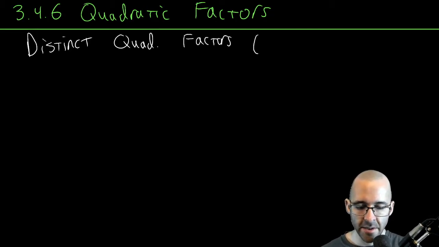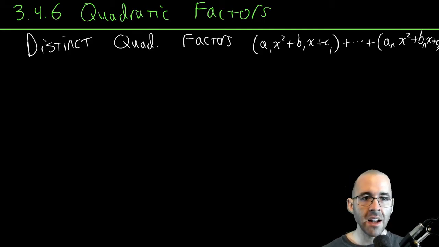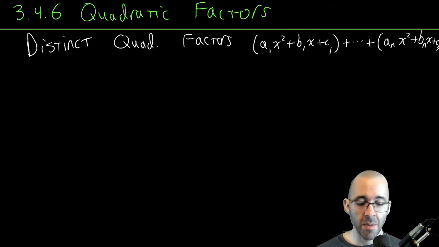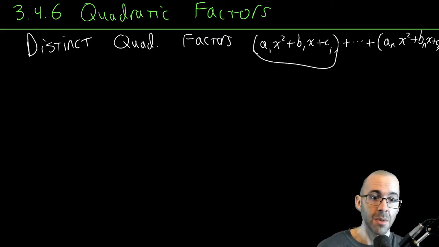let's say a1x squared plus b1x plus c1, all the way up to a sub n x squared plus b sub n x plus c sub n. And again, these have to be prime, right? Because if these factor into linear factors, then factor them, make them linear.